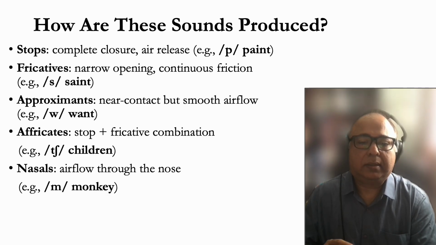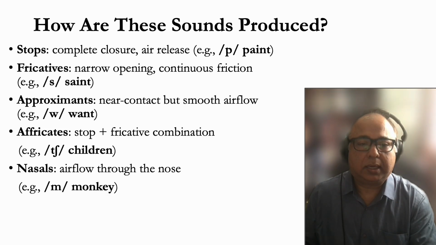Fricatives, there is continuous friction. These are not stops, right? Airflow continues to come out of your mouth, and there's a narrow opening, such as s, s. Approximants. W, as in want. Stop and fricative combination, they're called affricates. The ch, as in children, and nasal sounds.